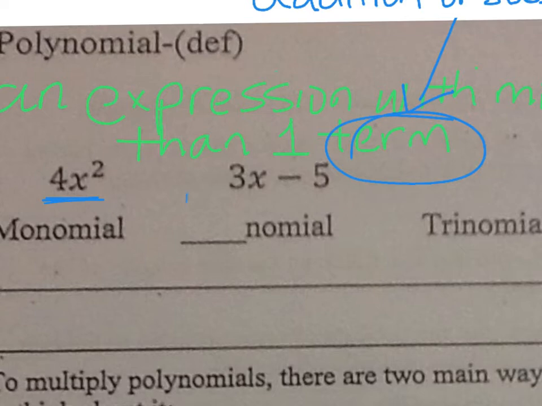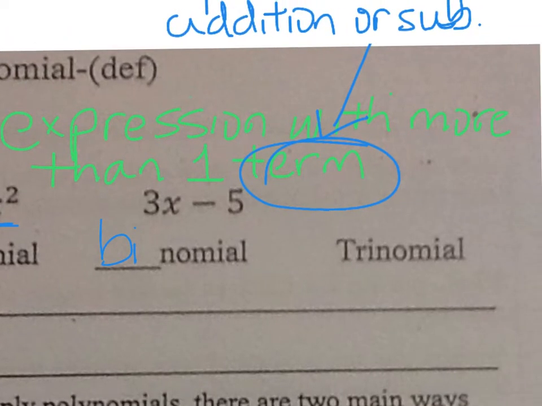Right, it should be called a binomial. And then for a trinomial, go ahead and write one. An example of a trinomial might be x squared plus 2x plus 2.